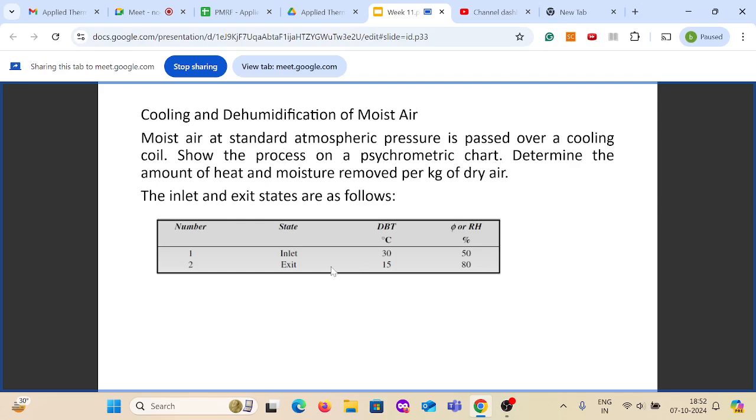So it's a cooling and dehumidification of moist air. Moist air at standard atmospheric pressure is passed over a cooling coil. Show the process on a psychrometric chart. Determine the amount of heat and moisture removed per kg of dry air.